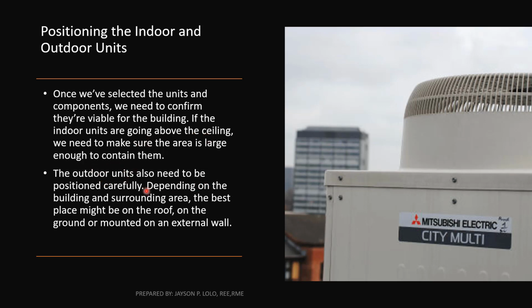The outdoor units also need to be positioned carefully. All air conditioning units need a certain amount of space to operate properly and should be kept clear of dirt and debris. So it's sometimes necessary to fit cages around them to prevent damage and theft.